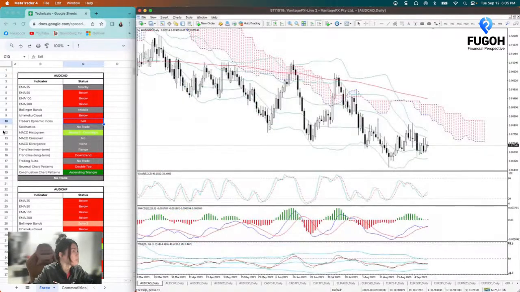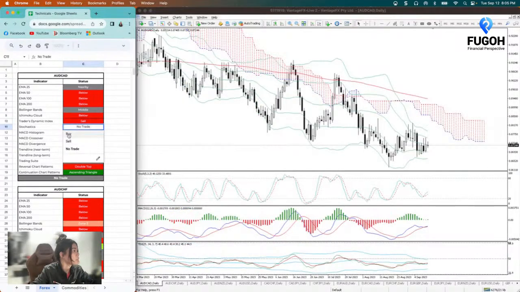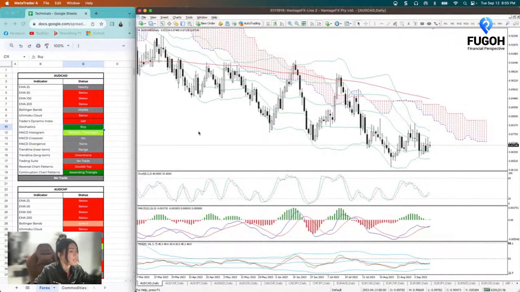It's on the buy area. So let's put here, it's on the buy. So there is a possible correction, speaking based on the stochastics. MACD histogram is above zero, but it's on a downslope. You can see here the MACD histogram is going down, so that's still above zero but downslope.